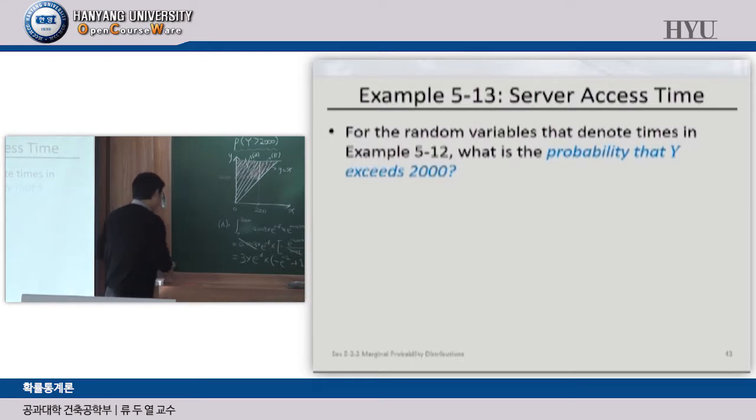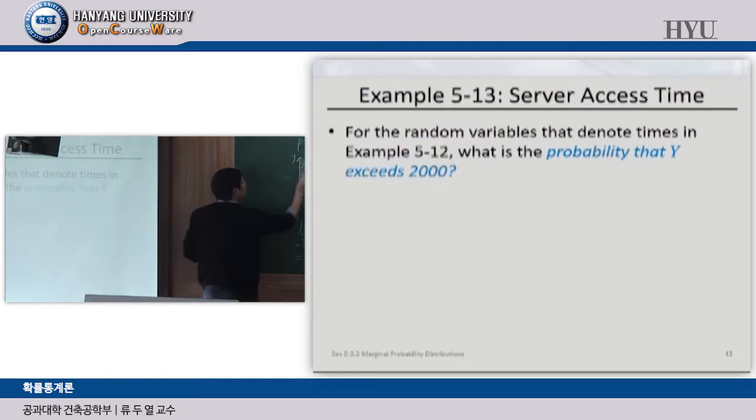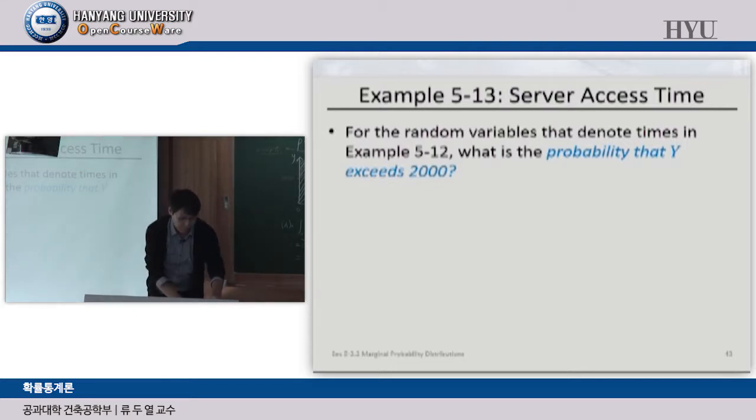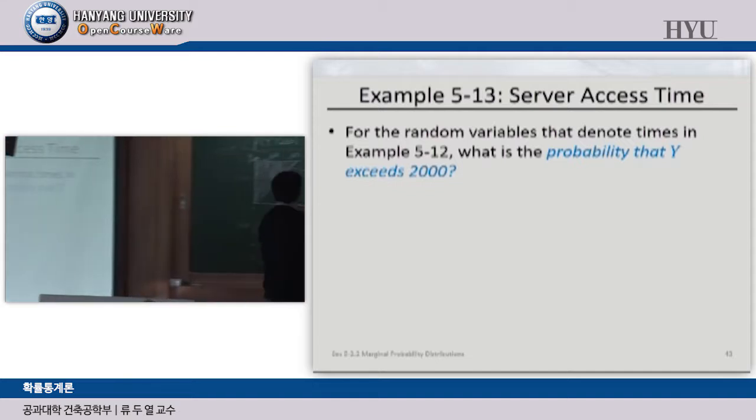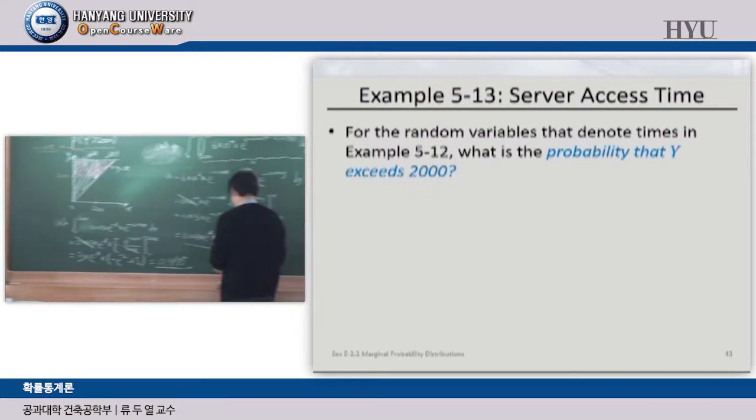So the A is equal to 0.0475. Okay? And then we are going to calculate the zone B.